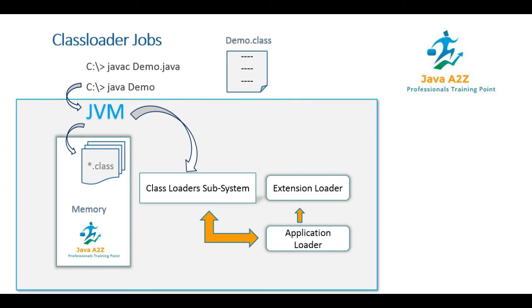The extension class loader loads classes from the JDK extension directory, usually the Java home lib ext directory. It will check from there, but this is not the right time to check there either. It will delegate this request to the parent, and the Bootstrap loader is the parent class loader. Now it is responsible to check for demo.class and load from there.